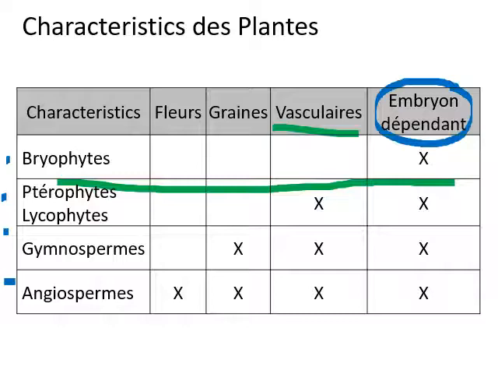So if you're able to make a chart for yourself: bryophytes, the pterophytes and lycophytes, gymnosperms and angiosperms, and across the top, write the characteristics.